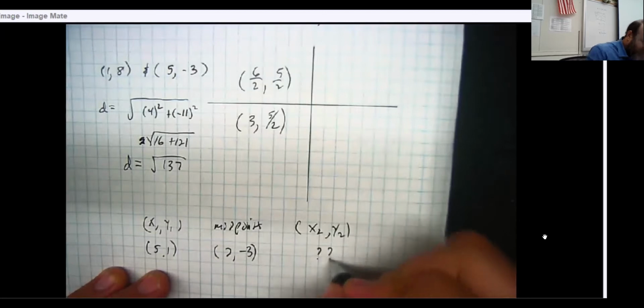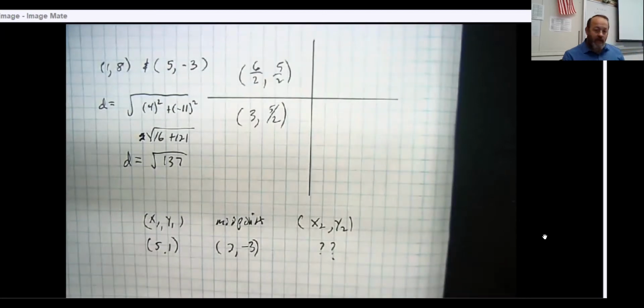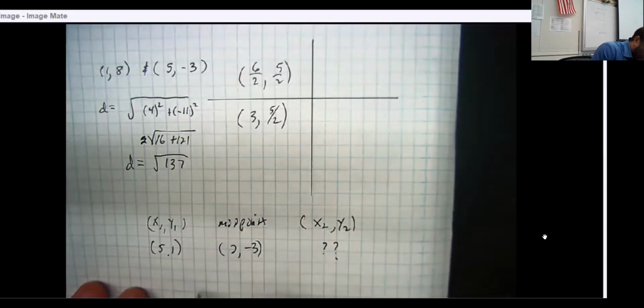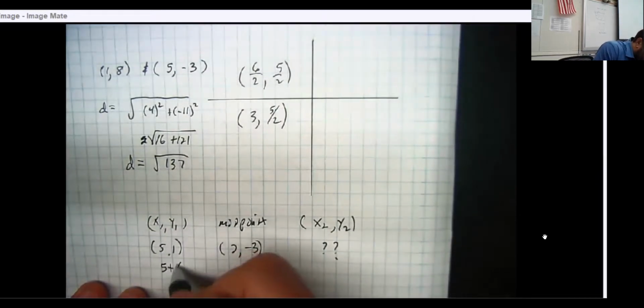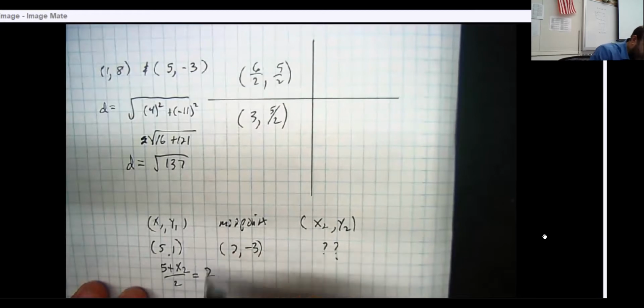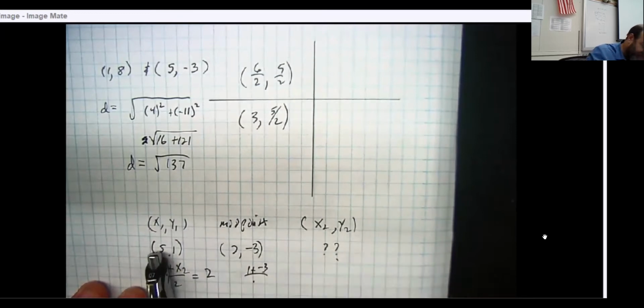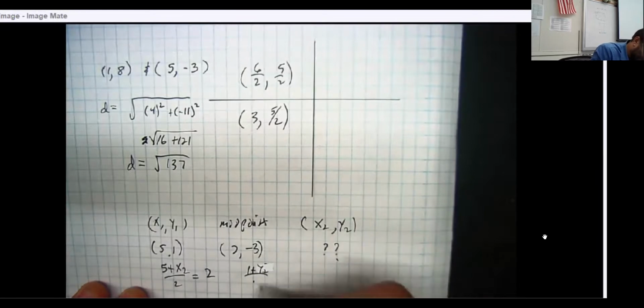One of those ways that I see people do occasionally is they use that formulaic approach, that somehow, if you add the two x values and divide by 2, I'm supposed to get the x value. If I add the two y values and divide by 2, I'm supposed to get the y value.